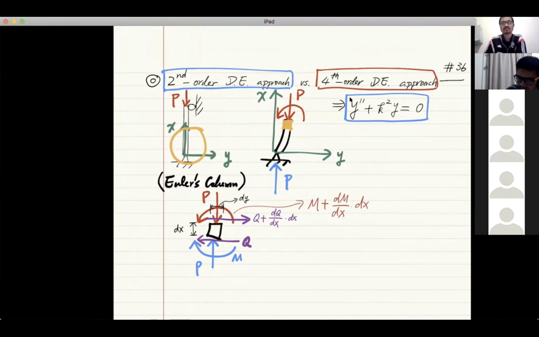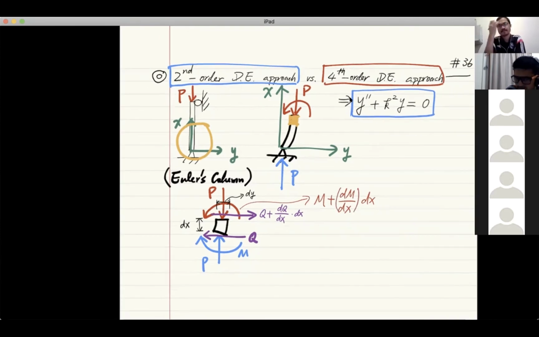So it's the same concept. The increase of the moment over x, that's dM/dx. So this is one value times the length, which is dx. Again, mathematically, you can also write this to be M plus dM. But we're going to need the derivatives in our formulation, so we're not going to cancel them out for now. So this is the formulation.